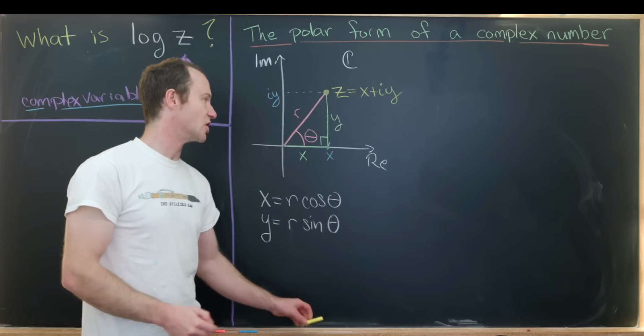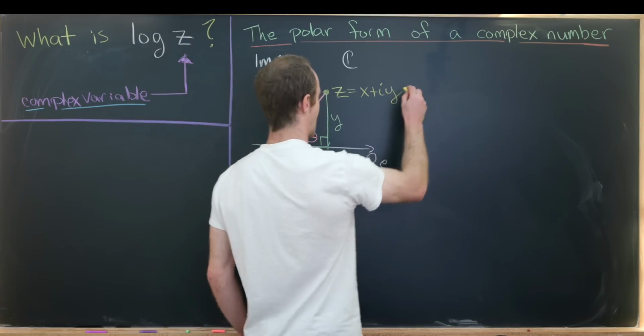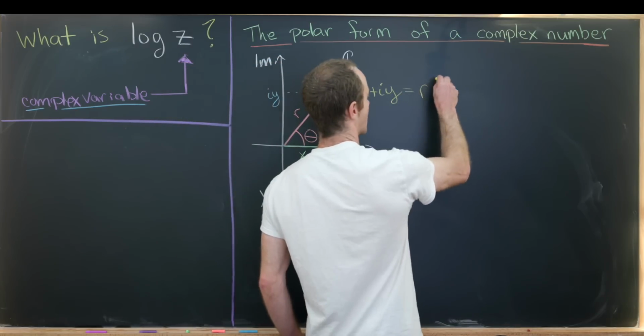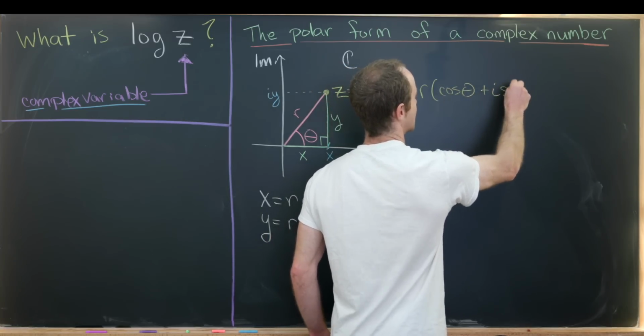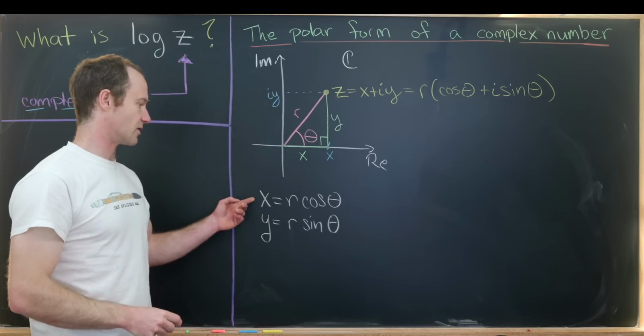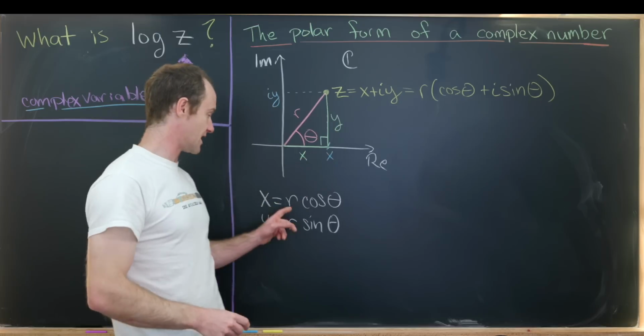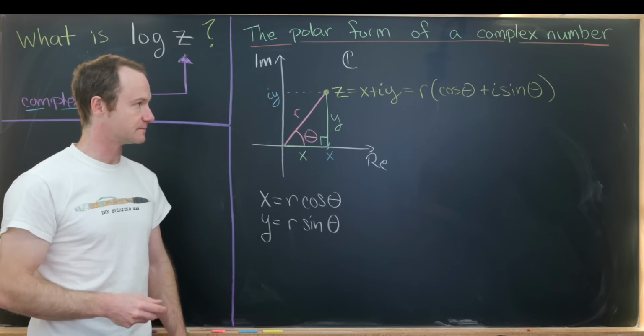So that means we could re-express our complex number z as r times the quantity cosine theta plus i times sine theta. Since I'm adding x plus iy, and both of them have a factor of r, I can factor that r out of the whole thing.